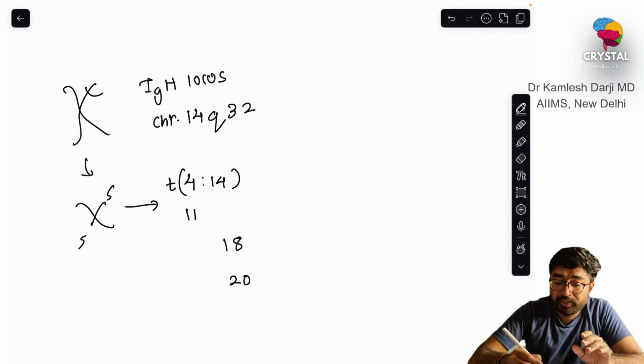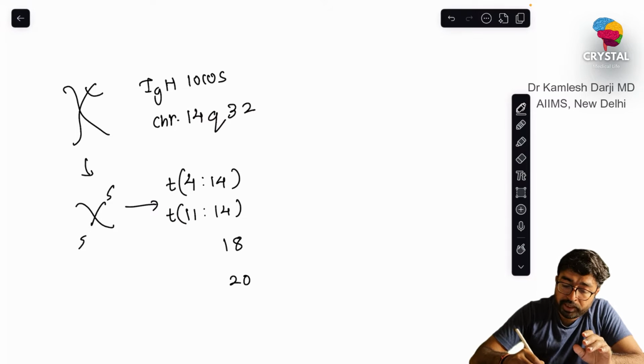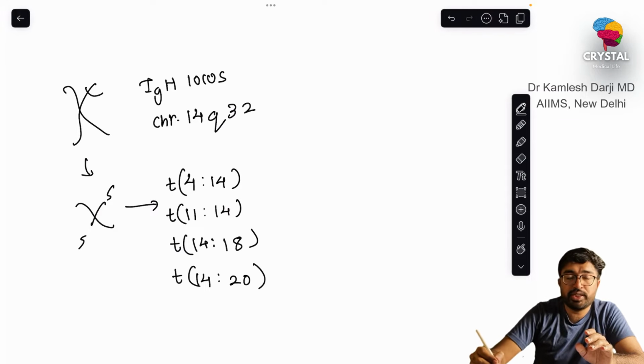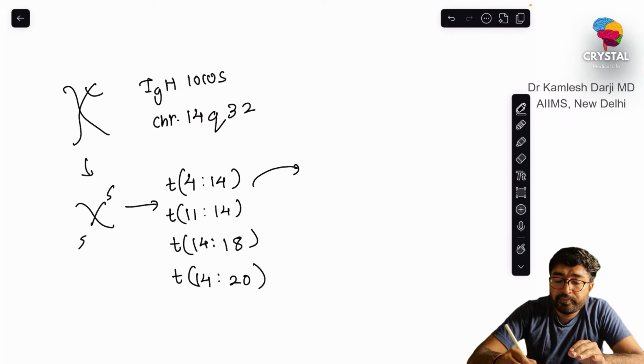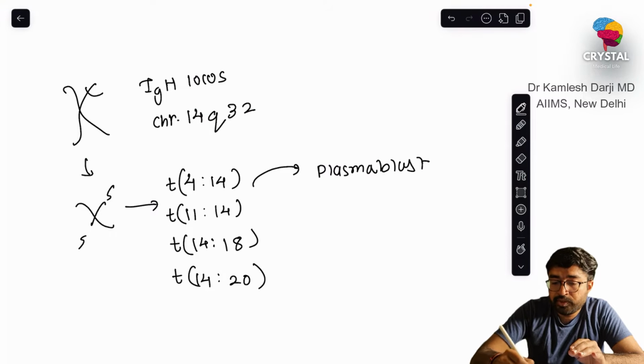So there would be translocation 4;14, translocation 11;14, translocation 14;18, translocation 14;20.